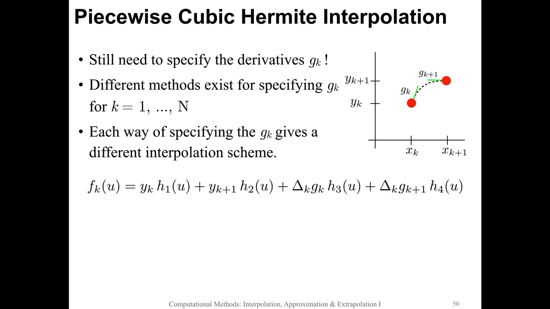So when people talk about different cubic interpolation schemes, what they're really talking about are different ways of defining what the gradients should be as you go through. And once you've defined your gradients, you can write out your cubic polynomial for any of your intervals, and therefore you can interpolate a value between any two successive knot points.